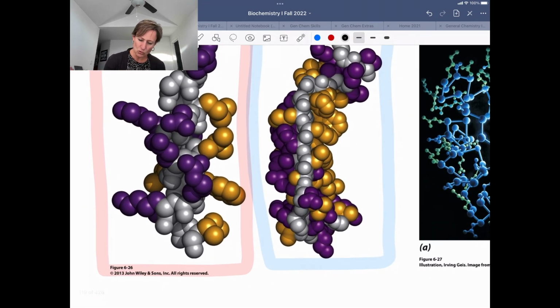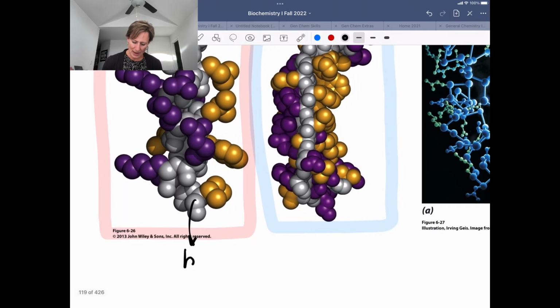I'm going to highlight that the gray that we see here, this is our backbone. So that's really what I have in red here. I don't have any side chains on this. Okay, so that gray represents our backbone, and we can see that there's not a hole down the middle of it. It's basically all full of space. And then everything that we see in purple and gold represent side chains.